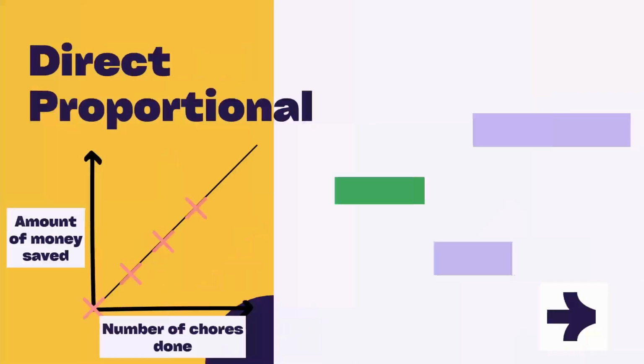If we use algebra to represent the number of chores and amount of money, for example, the number of chores done is going to be C, and the amount of money saved is going to be M. Then we could write that M is directly proportional to C. The symbol that I've written here can be read as proportional to.